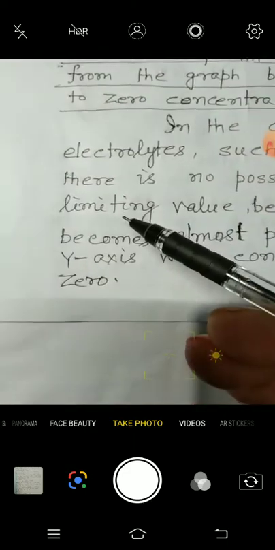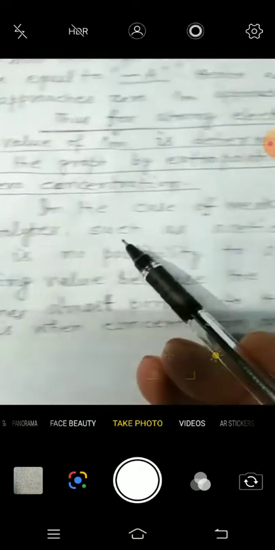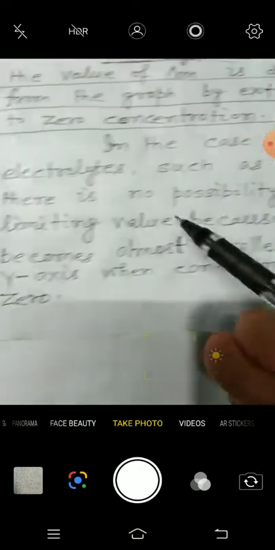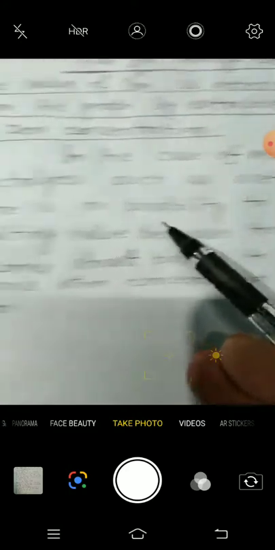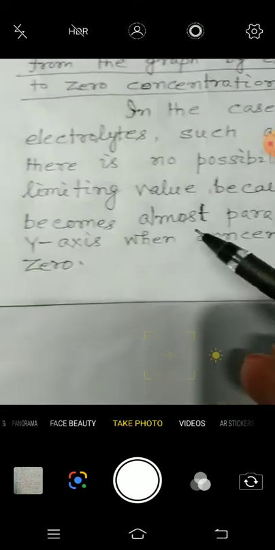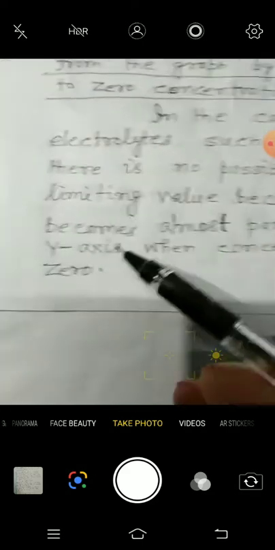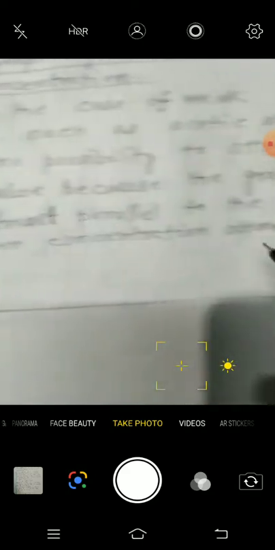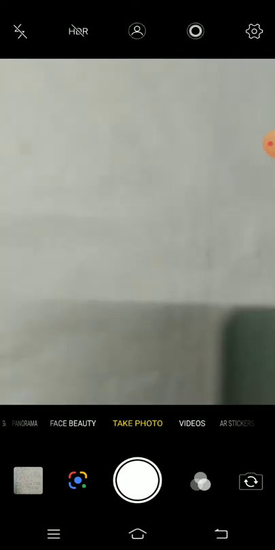So in the case of electrolytes such as acetic acid, there is no possibility to attain the limiting value because the graph becomes almost parallel to the y-axis when concentration approaches 0.